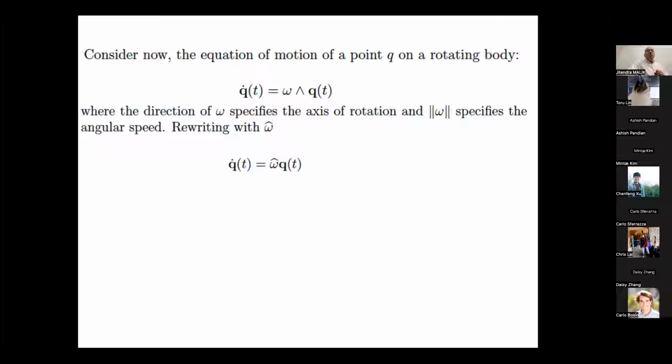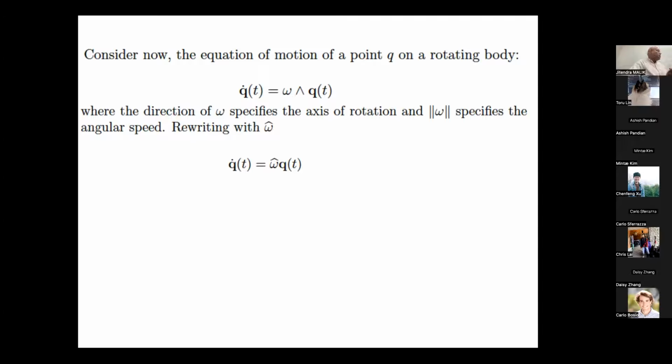Okay, so Q dot is omega cross Q of t. And in the last slide, we learned how we can do cross products by multiplying by certain matrices. And it is the 3 by 3 skew symmetric matrix. So that's what I've done. So this omega hat here is the matrix. So omega was a vector, but omega hat is a 3 by 3 matrix.